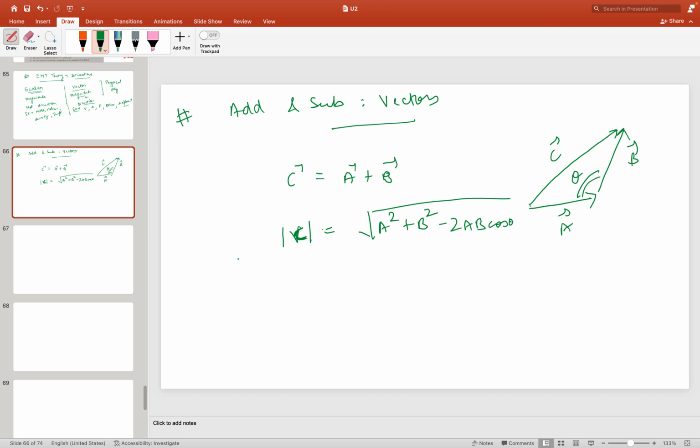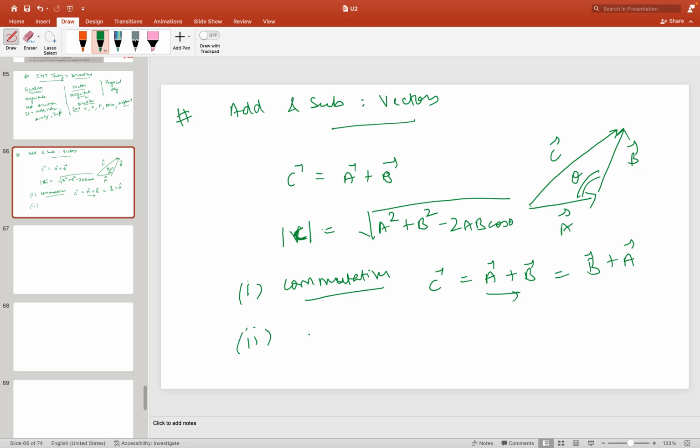Okay. So vector addition, the first property, is that it is commutative in nature. Commutative means either you add A first to B or you add B first to A, the result remains the same. So C vector is equal to A plus B vector, which I mentioned earlier in the diagram, but it is also equal to B vector plus A vector. The order doesn't matter in this commutative law. Vector addition is also associative in nature.